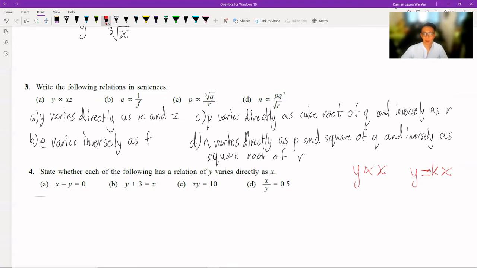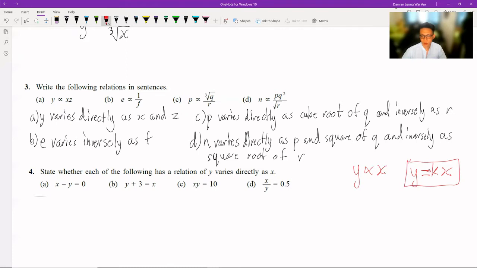There's no way it's going to be negative distance. Doesn't make sense. So variation we deal with basically scalar quantities. So we do not want to deal with negative.